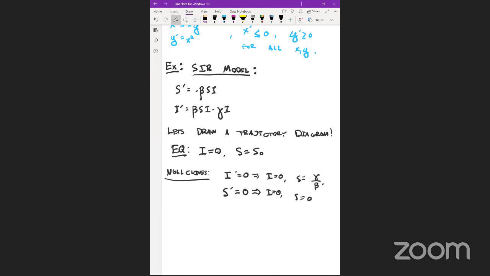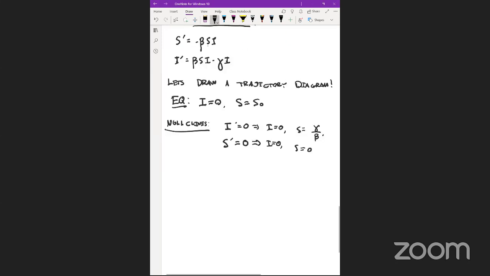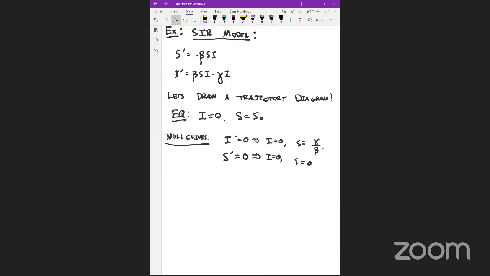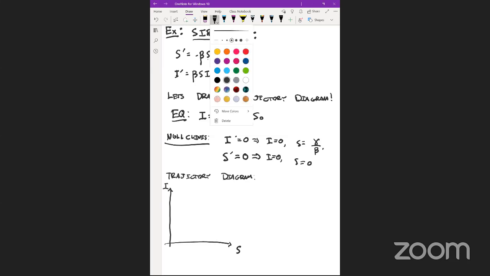Okay, so let's then draw our trajectory diagram. In this case, of course, I only care about the positive part, so we're just going to stick there. So here we have S and I. We've got multiple null clines now.